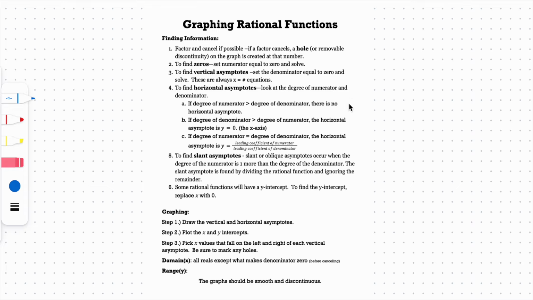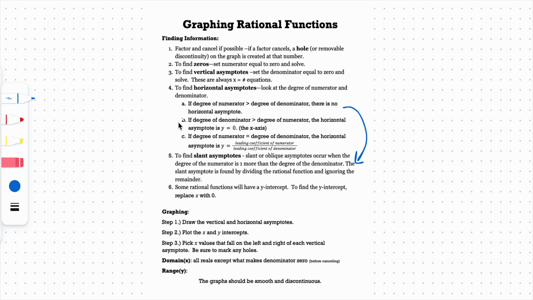If that happens, we're going to go down to 5, which I'll explain right now. That means there's going to be a slant asymptote. In that case, we're going to have to do some division, using the long division skills we covered earlier this year, and possibly even synthetic division.